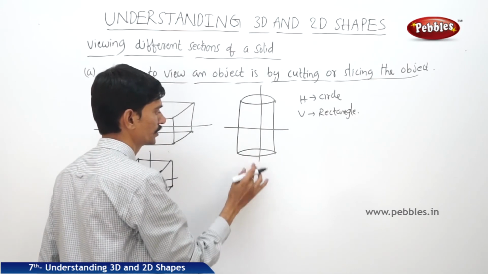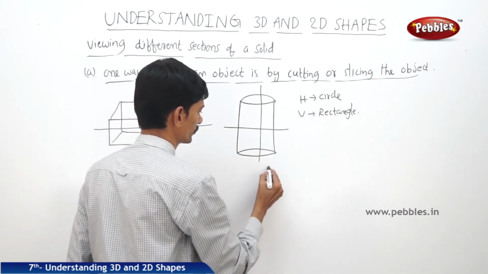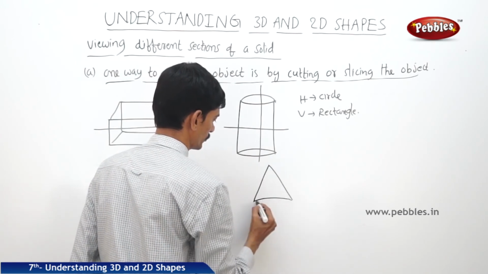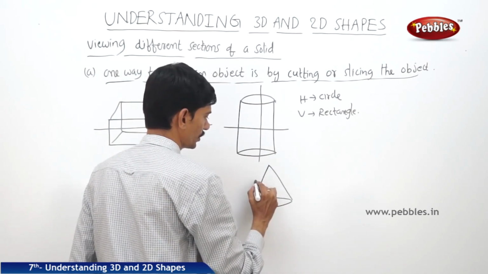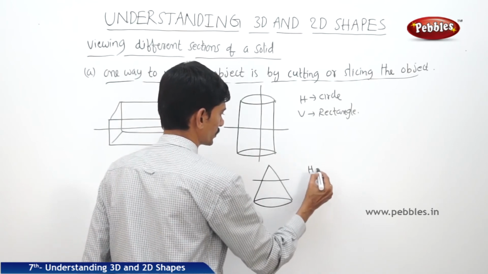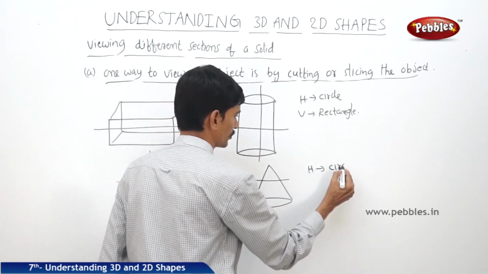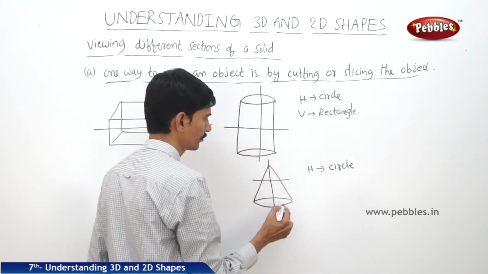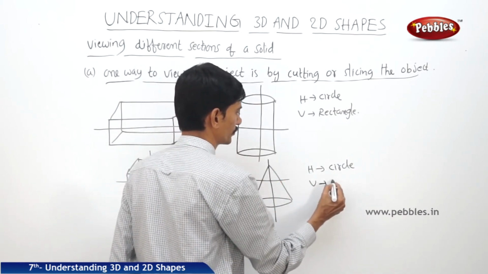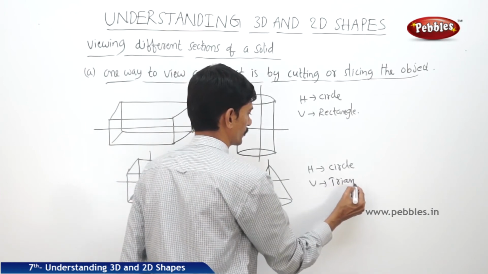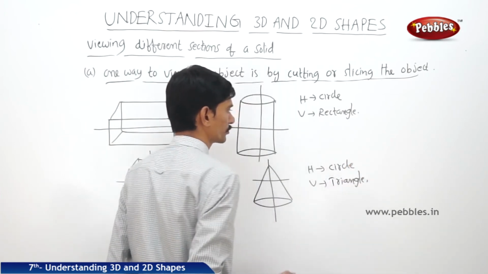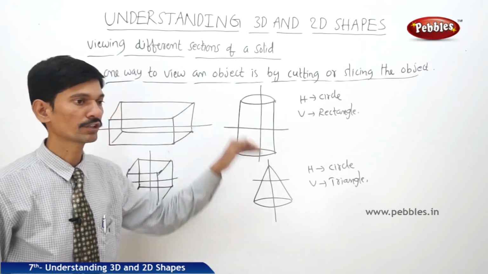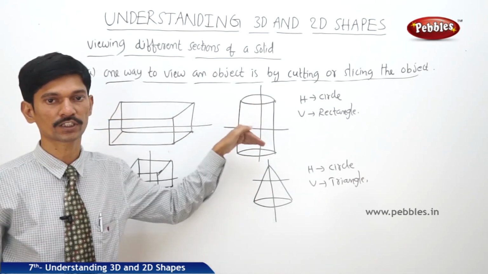And if you take any cone, if you cut horizontally, then you will get a circular shape, and if you cut vertically, then we will get a triangle. So different shapes you will get by slicing the given solid object horizontally or vertically.